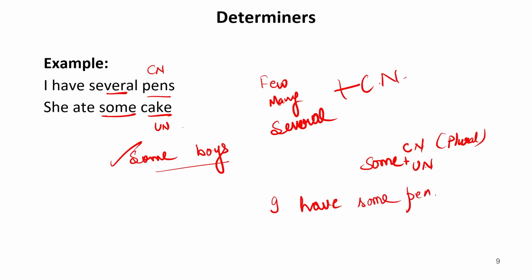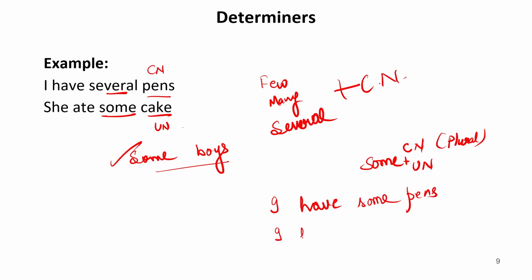Now, is this a logical sentence? If the word is pens, it is correct. I have some pens, because pens are countable, and some is used to show something which is plural. But if I say, I have some pen, that is incorrect.